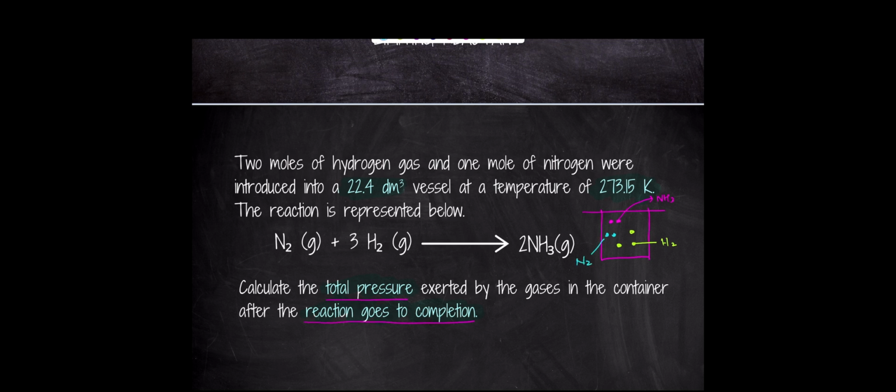Okay, so when the reaction goes to completion, we need to ask ourselves, will there only be ammonia gas in the reaction vessel? Or between these two reactants, will there be any remnants of the reactants that is left? This comes into question whether we will be dealing with a limiting reactant or an excess reactant in this case.